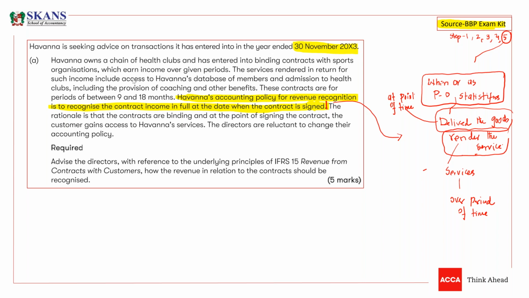First three lines, guys. Okay. So let's understand, guys.